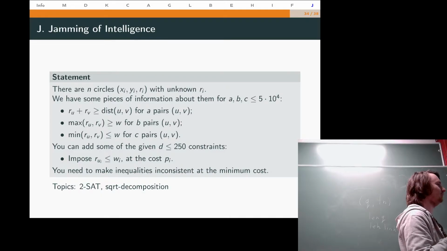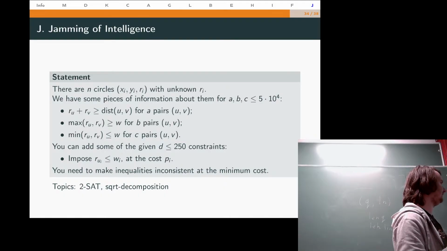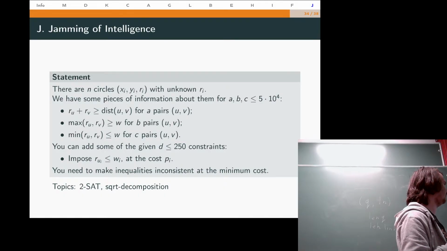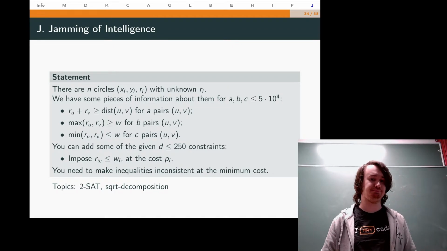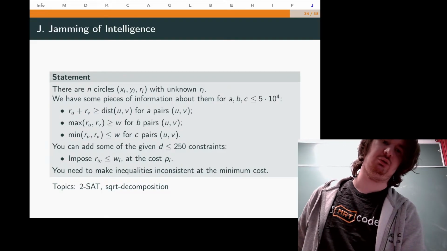And what we want to do is disrupt the network, which means that we want to make the inequalities inconsistent, so that there are no solutions. At the same time, we want to do it at the minimum cost, considering the cost of adding these constraints. So, let's talk about how we can solve this.